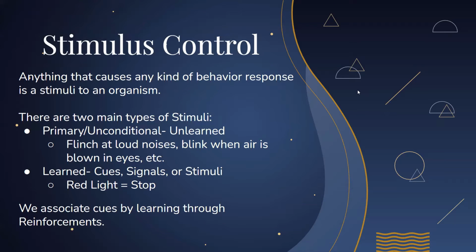And then there's learned ones, which are cues, signals, or stimuluses. These are ones that, as the name says, are learned. We usually associate them with unconditional primary ones, and slowly we develop these learned cues and signals to a behavior.